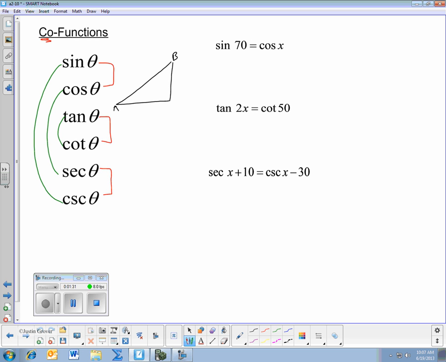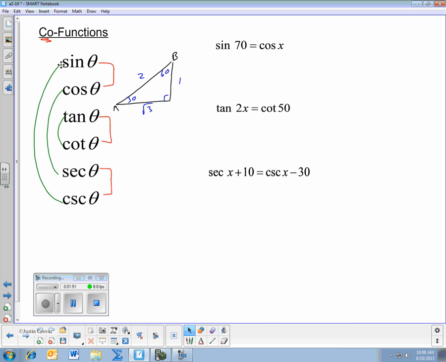Angle A is 30 degrees, angle B is 60 degrees. From this 30-60-90 right triangle, we should know that the sides would be 1, 2, and rad 3, because sine 30 is 1/2, and cosine 30 is rad 3 over 2, and so on.